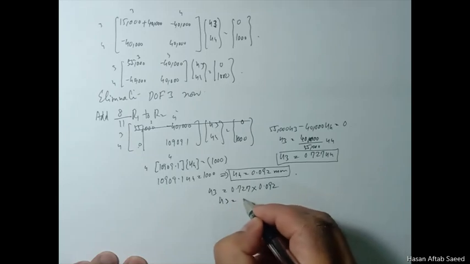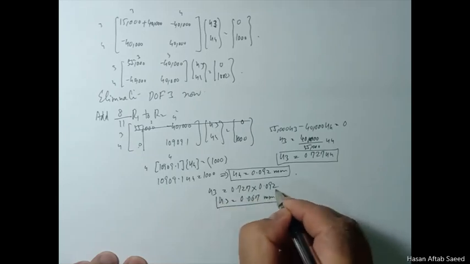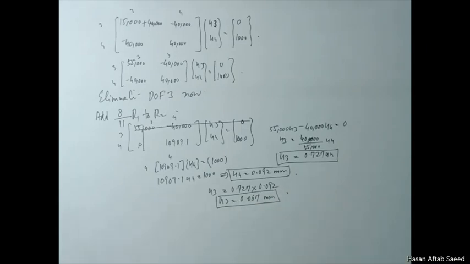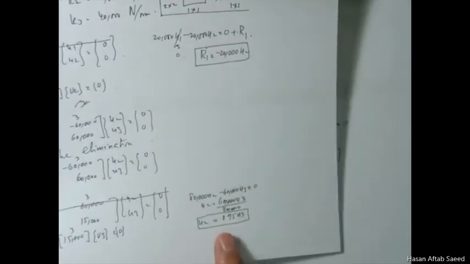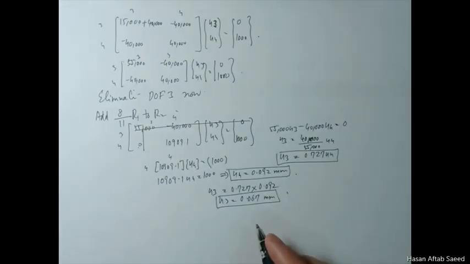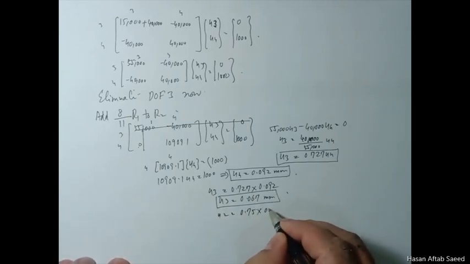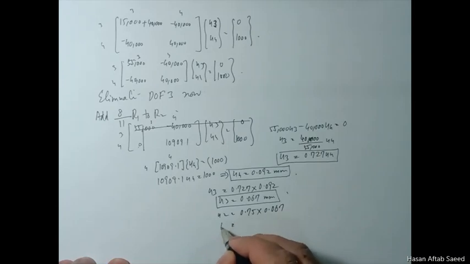That is u3 is equal to 0.067 millimeter. Now u2 is 0.75 into u3. u2 is equal to 0.75 into 0.067, which is 0.05 millimeters.